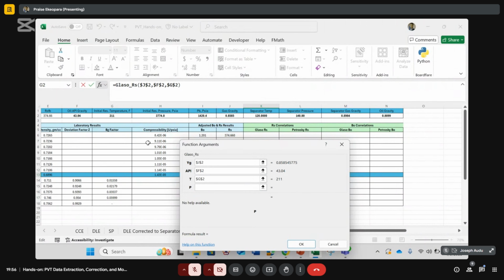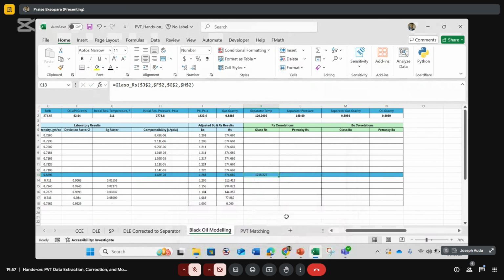Then get my separator pressure, then my temperature, which is this. Good, so I have it this way.